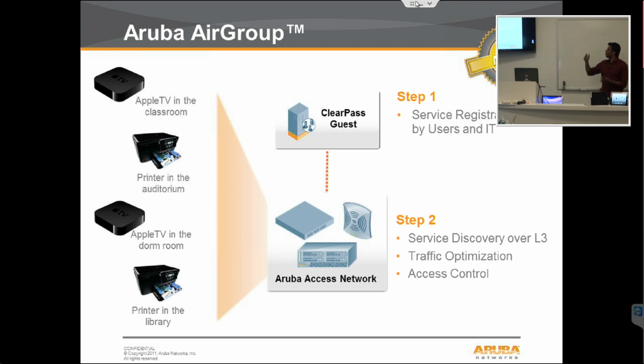And the addition of the ClearPass Guest appliance onto the network gives you additional functionality based on context. All the personal service registration, shared service registration, and location-based service registration, all these different cool context-based services, getting context into the picture, ClearPass provides that.